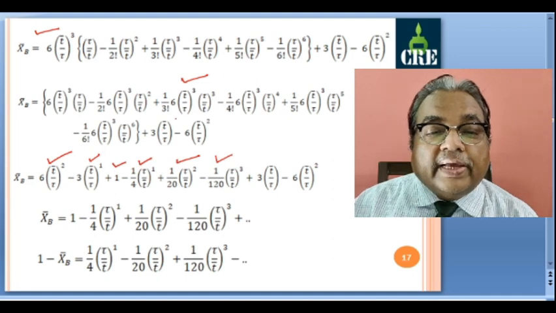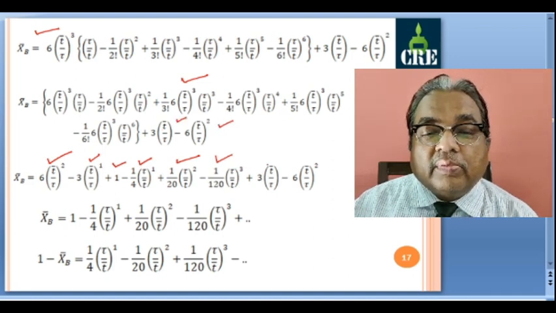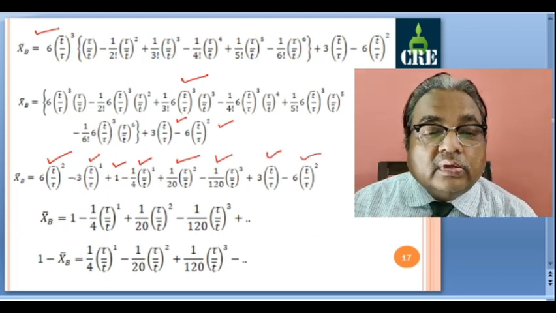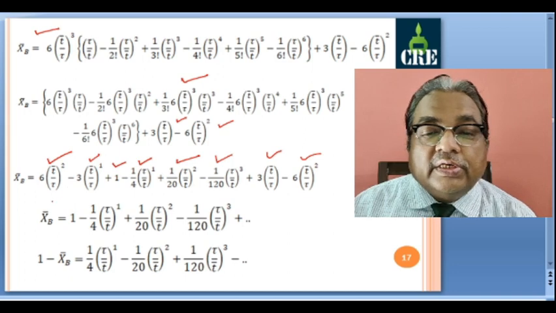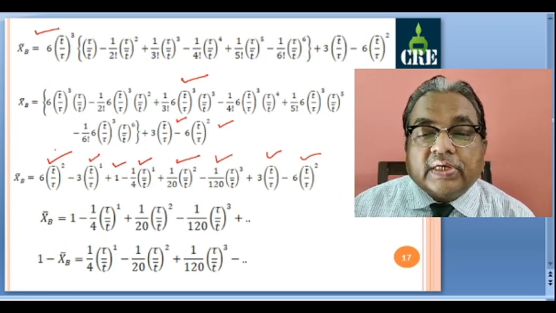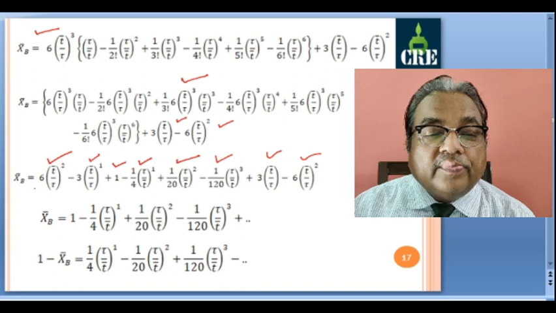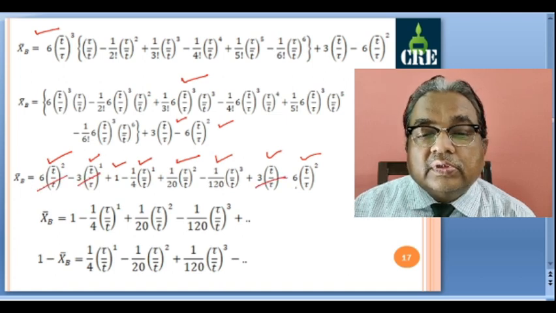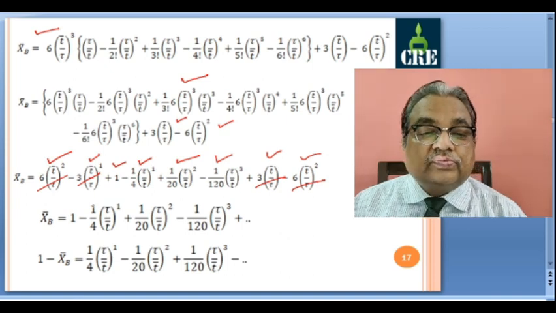term as it is, plus t bar by tau and 6 t bar. This I have written as it is. Now you can see the first term and the last term, and the second term and second last term. These terms are the same, so this cancels out, this cancels out, this cancels out, this cancels out.